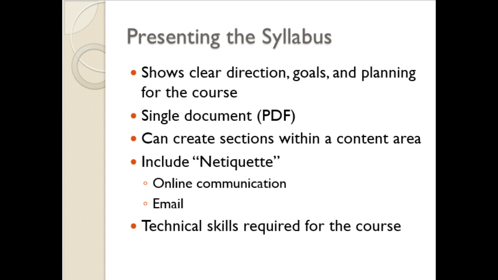If your syllabus is normally 2, 3, 4 pages long, putting these different sections in different items within a content area might make it easier for students to find what they're looking for. Again, that's your call, whatever you think is best.